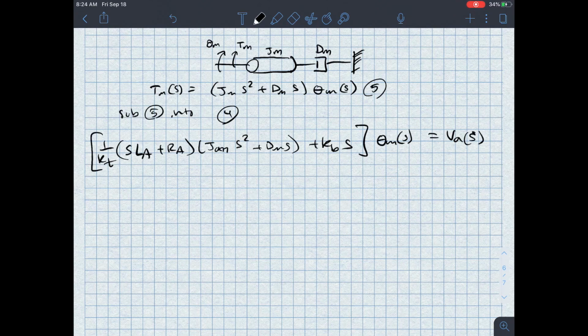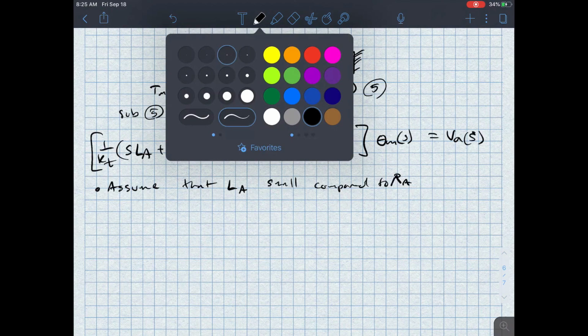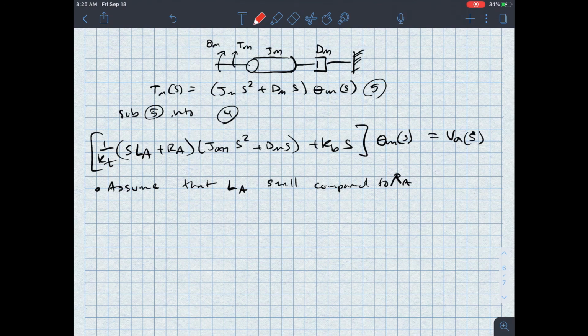Before we put this into a transfer function, let's make one assumption. Let's assume that La, my inductance in my armature, is small compared to Ra. This happens to be true for most DC motors. And so in this expression, Ra dominates the value, and we can eliminate sLa.